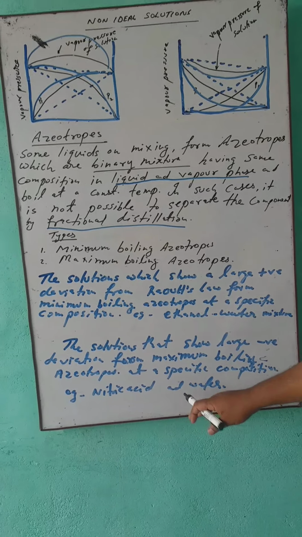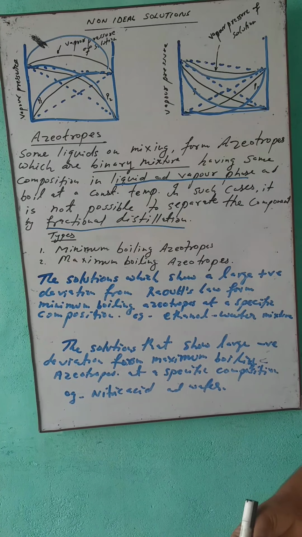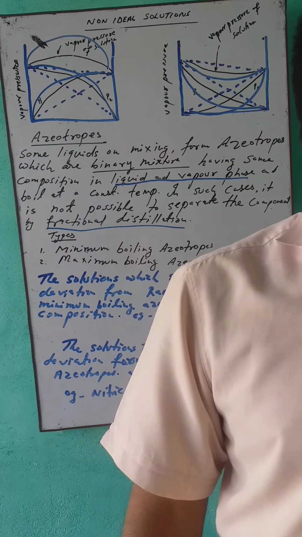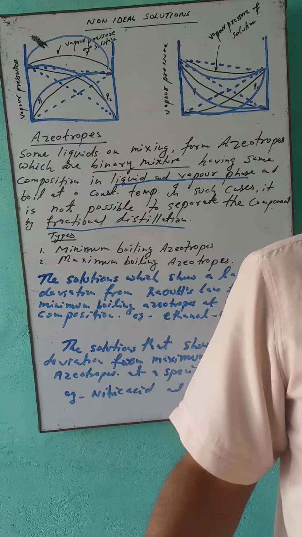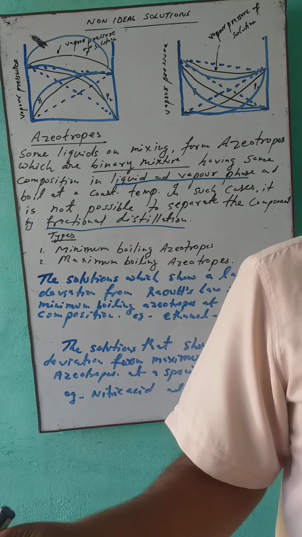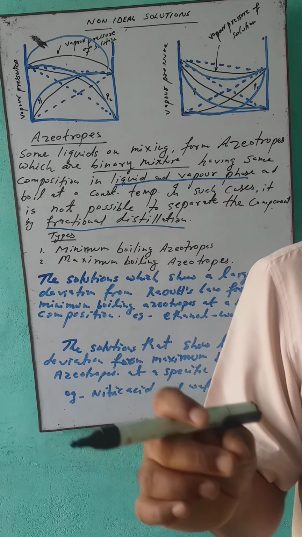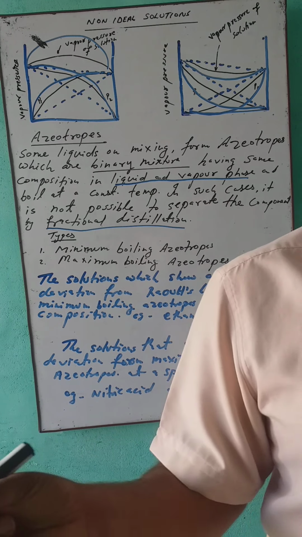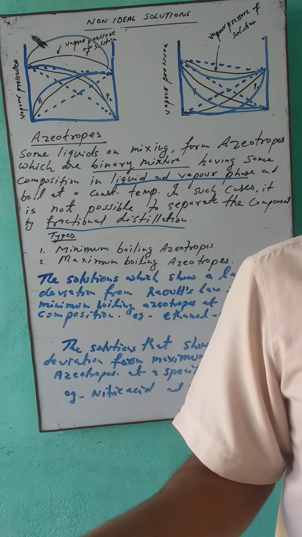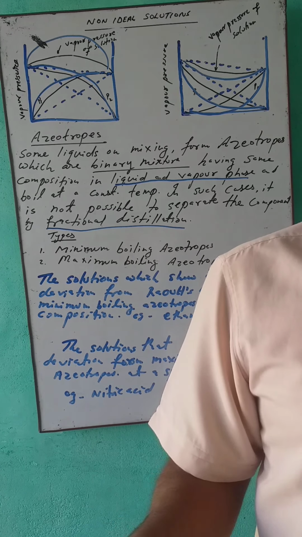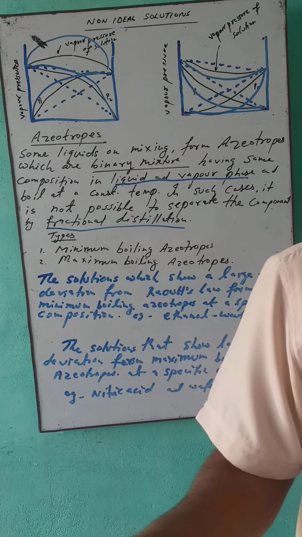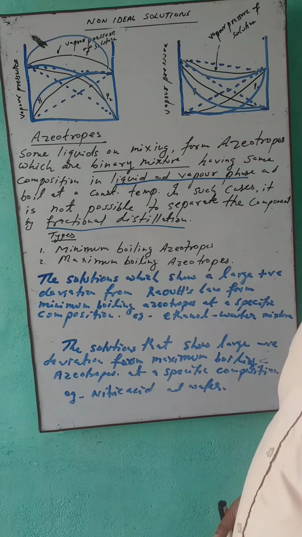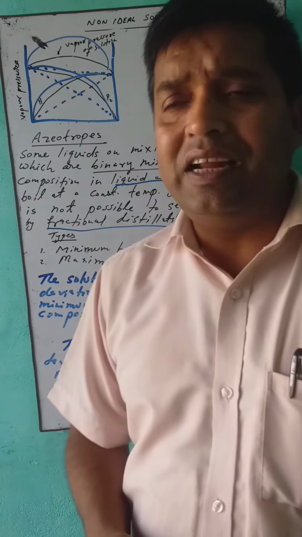Example, we can say nitric acid and water, they are also an example of this type. Okay, so this is a class of azeotrope. Thus the azeotrope has the approximate composition of 68% nitric acid and 32% water by mass, with a boiling point of 393.5 Kelvin.